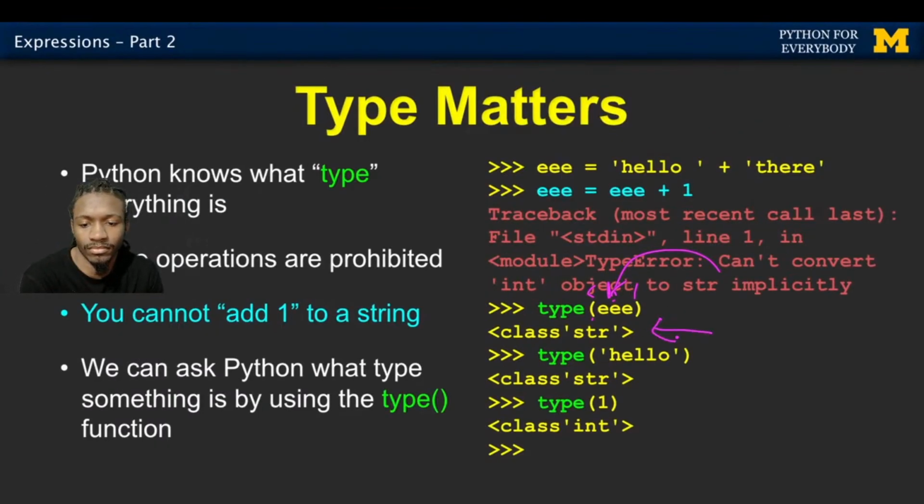And then Python prints out, oh, it's a string. What is the type of the constant, quote, hello, quote? That's a string. What is the type of the constant 1? That would be an integer. And so Python keeps track of the value of variables and constants, the value and the type of it. We have to be aware of this as we move forward.